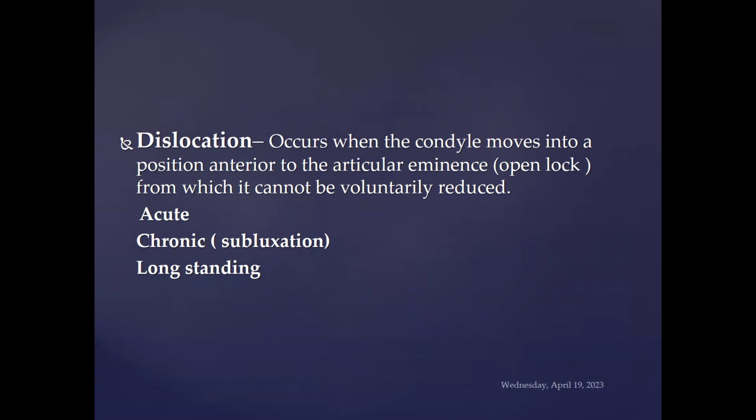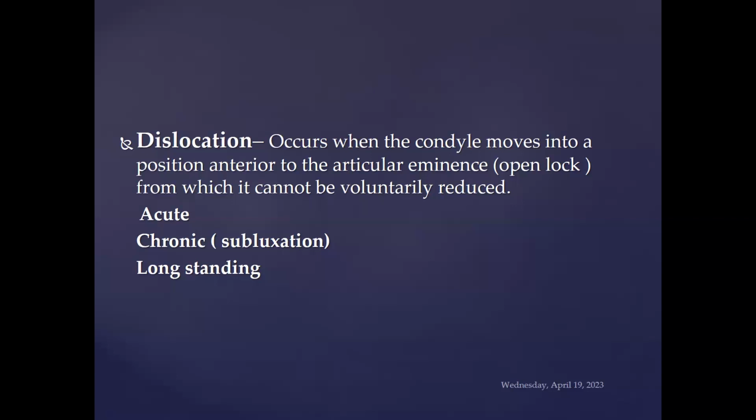So when the condyle slides over the articular eminence and is not able to come back, it's called an open lock, from which it cannot be voluntarily reduced. So dislocation means the condyle is completely out of the condylar fossa, just past the articular eminence, and it is not able to get voluntarily reduced.